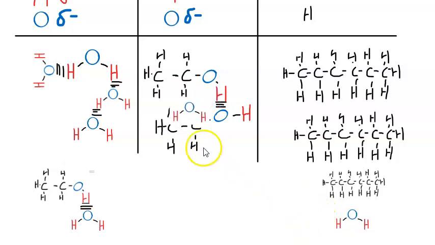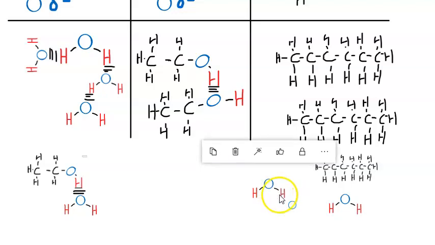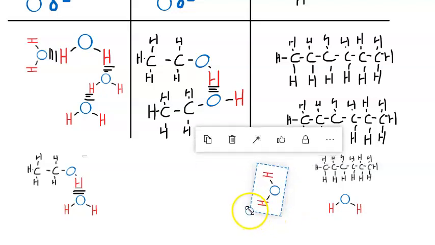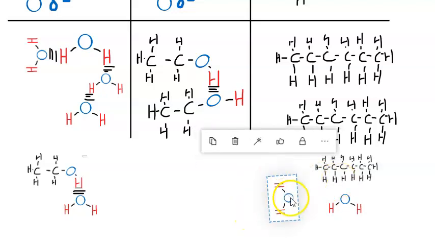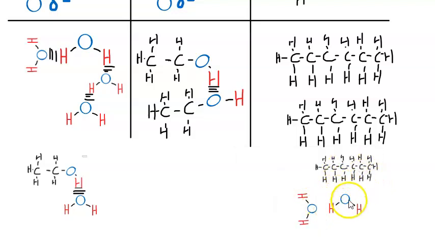In fact, it's going to form much stronger attractions between itself and all of the other water molecules. So the force of attraction between this hexane and this water molecule is not strong enough to break apart the bonds between the water molecules themselves. So the water molecules are going to hang on together pretty tightly, and that hexane is going to be excluded.